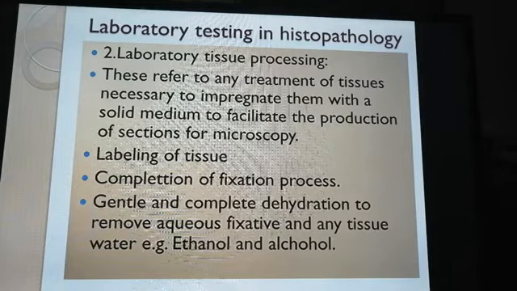Number two, laboratory tissue processing. This refers to any treatment of tissues necessary to impregnate them with a solid medium to facilitate the production of sections for microscopy: labeling of tissue, completion of the fixation process, gentle and complete dehydration to remove aqueous fixative and any tissue water, for example ethanol and alcohol.